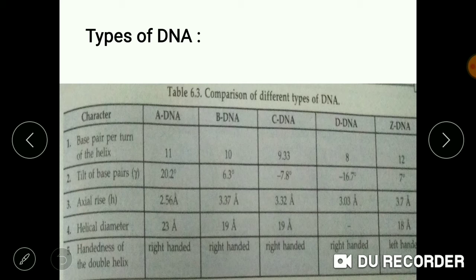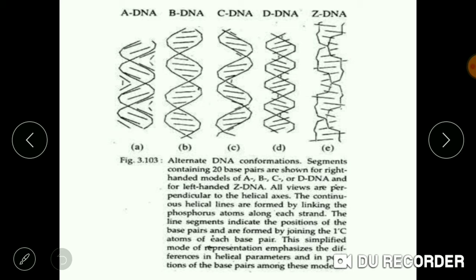There are 5 types of DNA based on the helical shape, as it can be a right-handed or a left-handed helix. Based on this, there are 5 types of DNA: A-DNA, B-DNA, C-DNA, D-DNA and Z-DNA. This is a diagram showing A-DNA, B-DNA, C-DNA, D-DNA and Z-DNA.